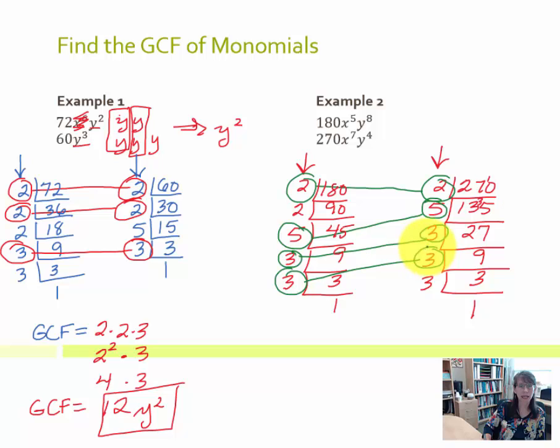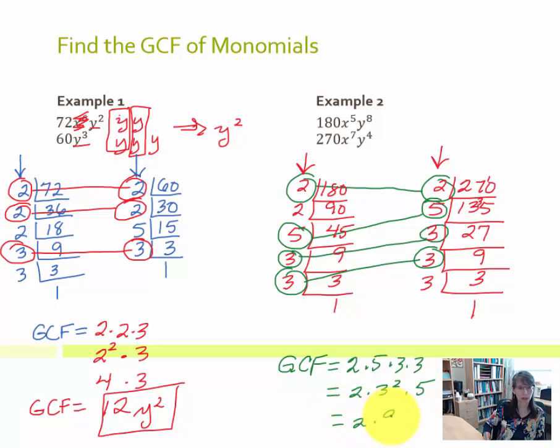So notice I did not circle every 3. Only this one-to-one correspondence will create your greatest common factor. So we start our greatest common factor with 2 times 5 times 3 times 3. Now it's nice when we put these in order from smallest to largest, so 2 times 3 squared times 5.